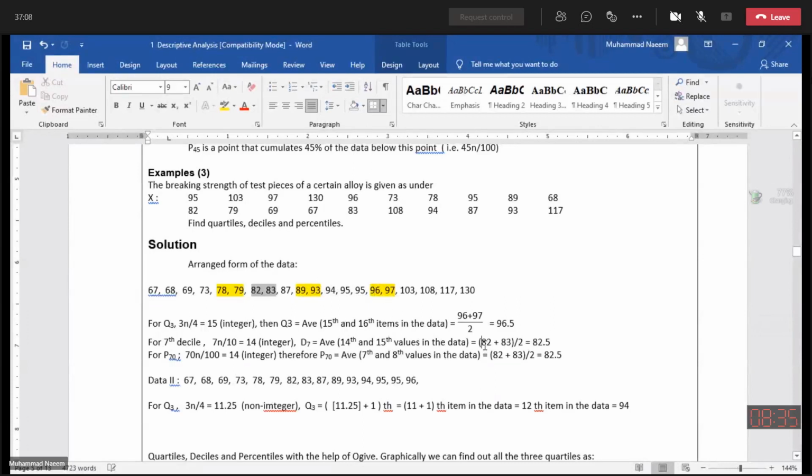So for D7, the average of 95 and 96, that is 95.5, is the required seventh decile.